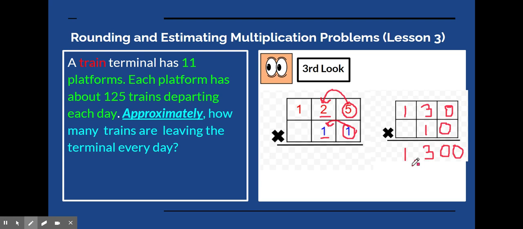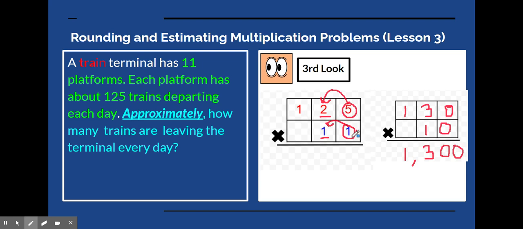So our estimated product is 1,300. Then we can go over here and we can check and compare our exact product to our estimated product.